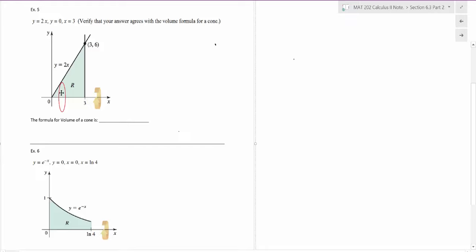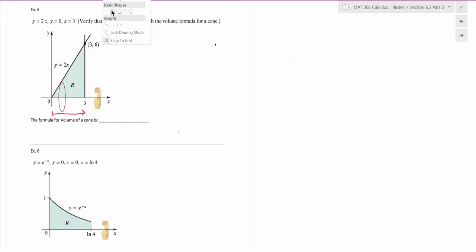So you're going to have disks that you're integrating from 0 to 3. So we're going to work our integral out this way, just kind of integrating from there to there, summing up those disks.